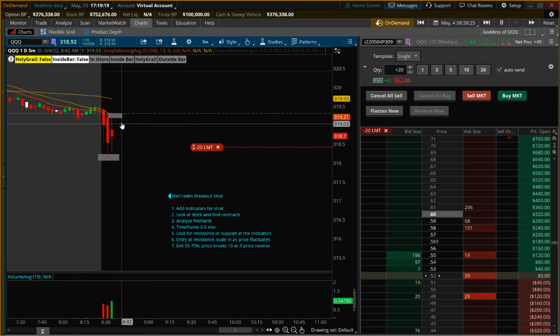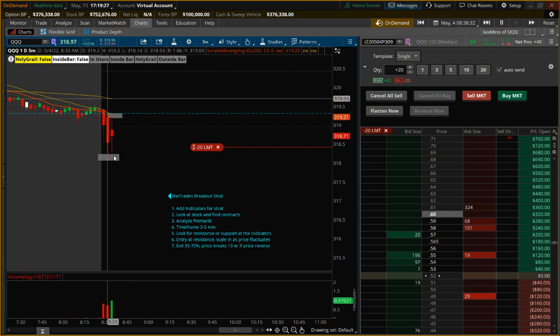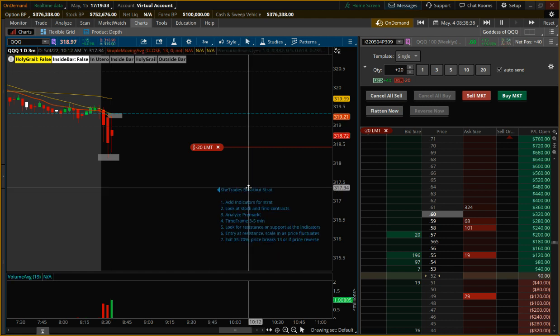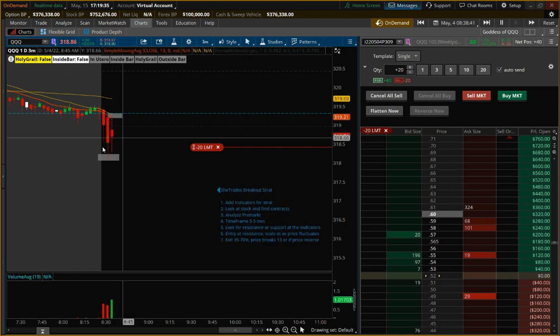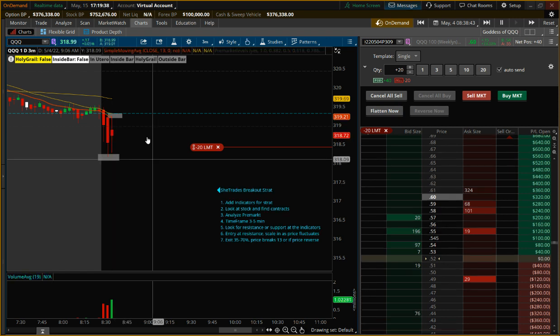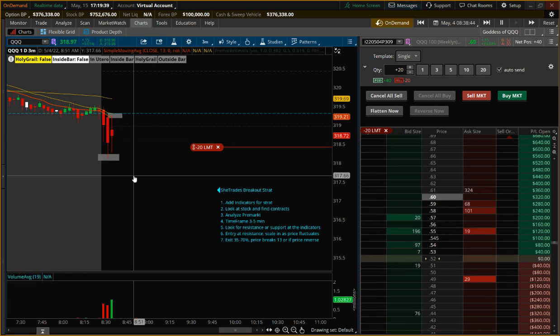It's best just to watch what's going on right here. Don't look up here. Don't look at your P&L. Just look right here at your chart, at your candles, and see what the price is doing, and check your volume. Volume and your resistance and support. That's what your focus is when you're managing your trade.